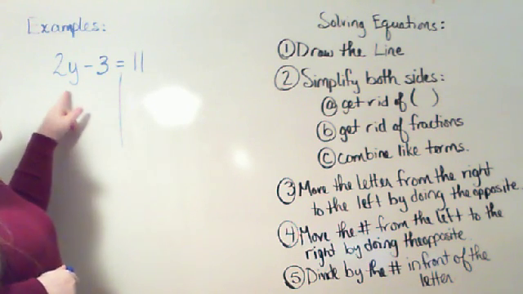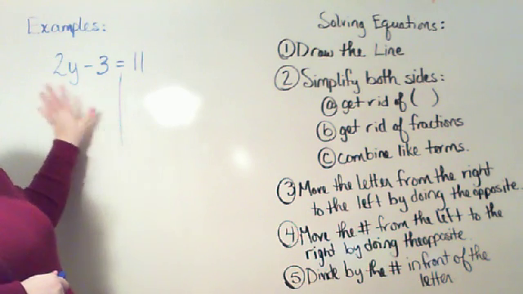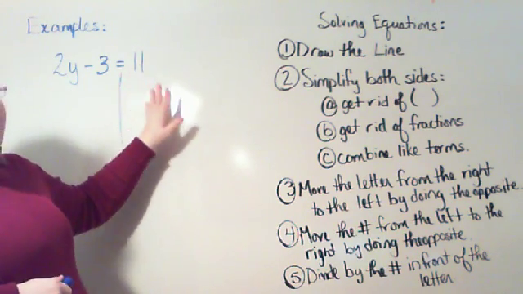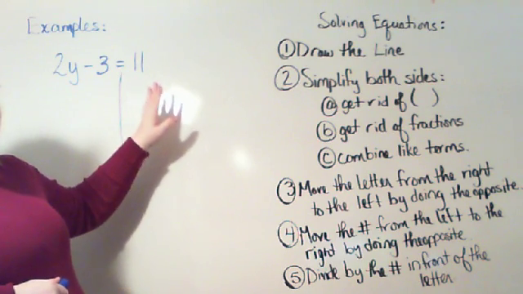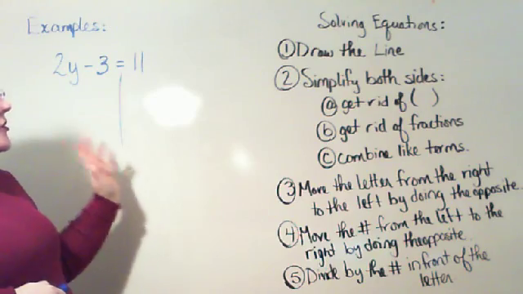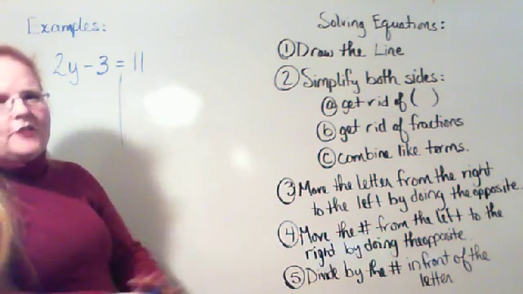So since I only have one letter on this side and one number on this side, that's good. I want no more than one letter on each side and no more than one number on each side. So I'm good with combining like terms. We'll talk more about it when I actually start doing the teaching for you.